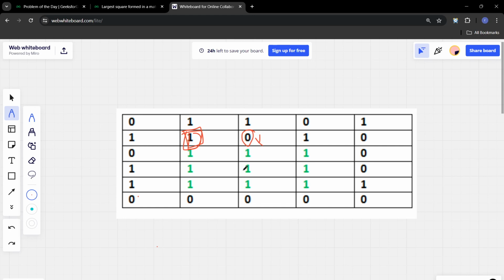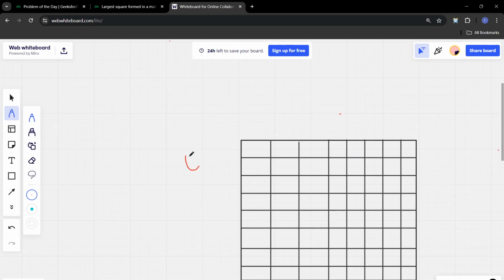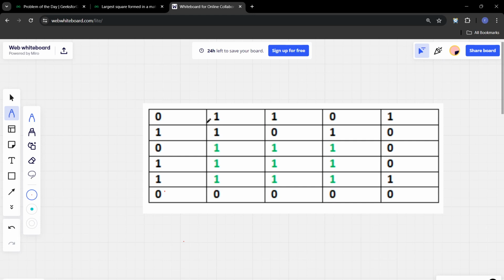So what I'll do is, if it's zero, no problem, we cannot form any square with it. But if it's one, we have to check, right? So I'll write a table here. First question, what does this table do? I'll tell you guys. One, two, three, four, and five.